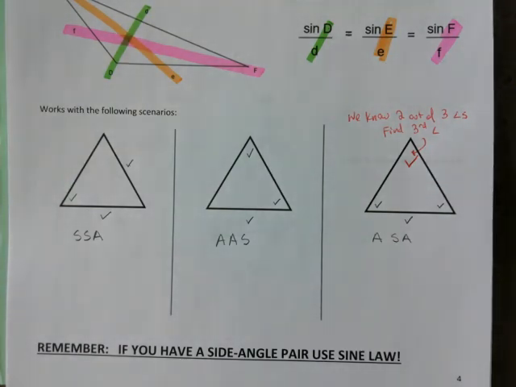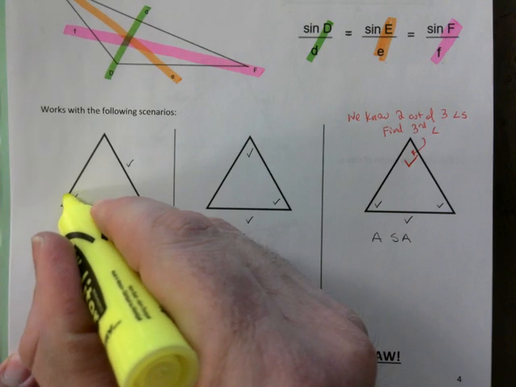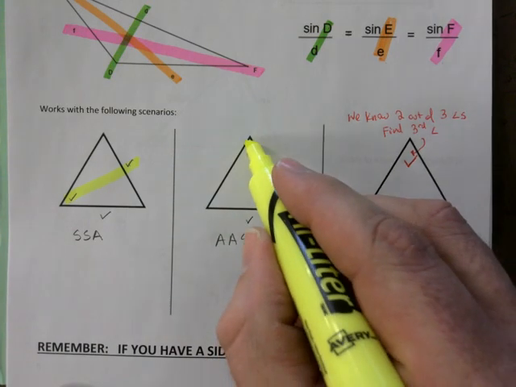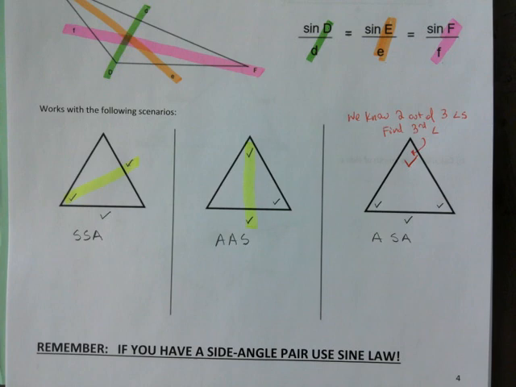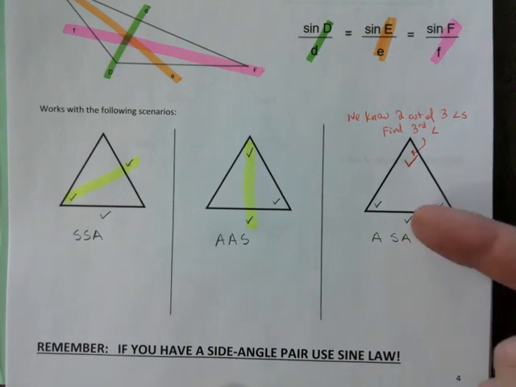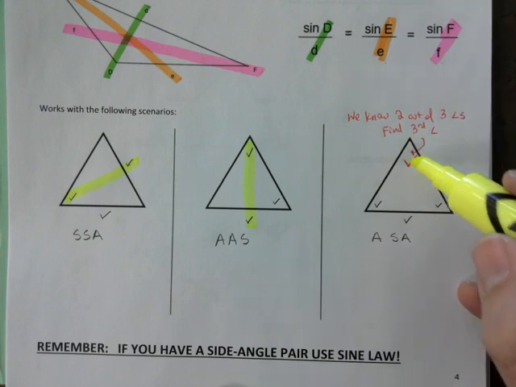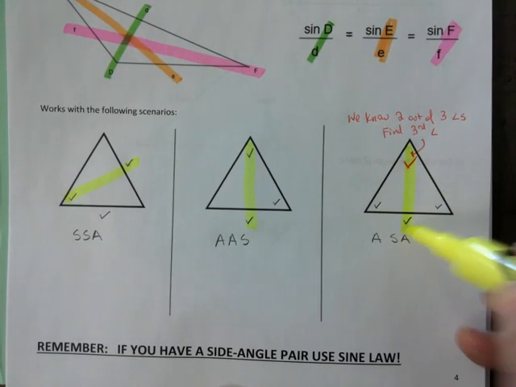And this is what I want you to remember out of this. You ready? There's a pair here. You know the angle and the side across from it. Perfect. You know the angle and the side across from it. Here, at the beginning, you didn't know, but the third angle was easily determined. So you also have that pair there.